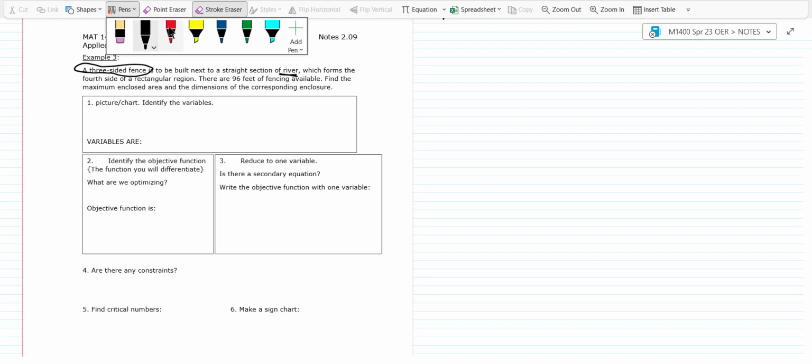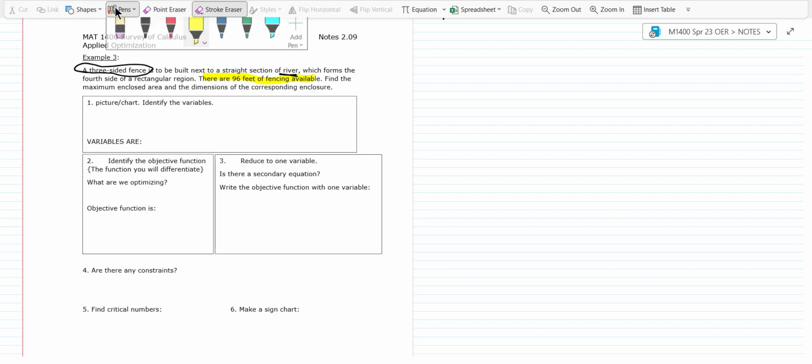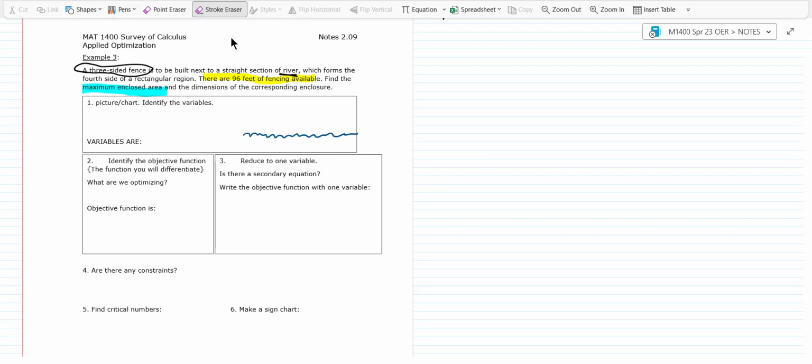You're given that there's 96 feet of fence available. And then the question is, find the maximum area. When we draw a picture on this one, it's going to be a little bit different this time. That's kind of like your river.